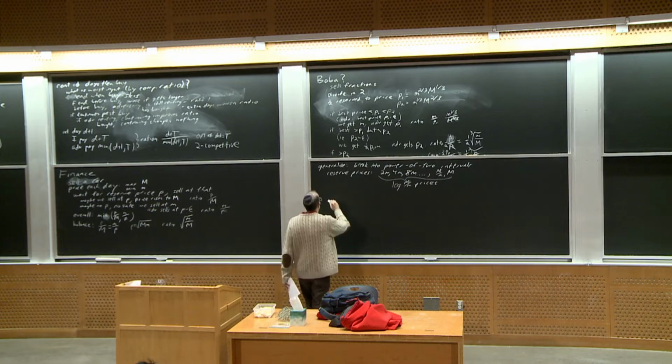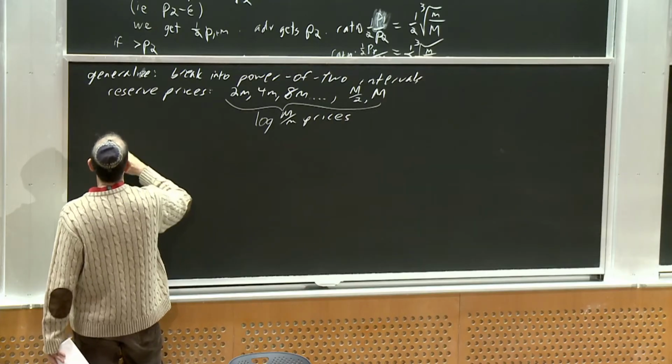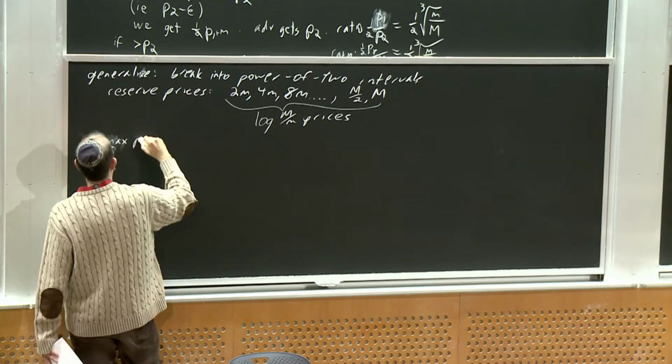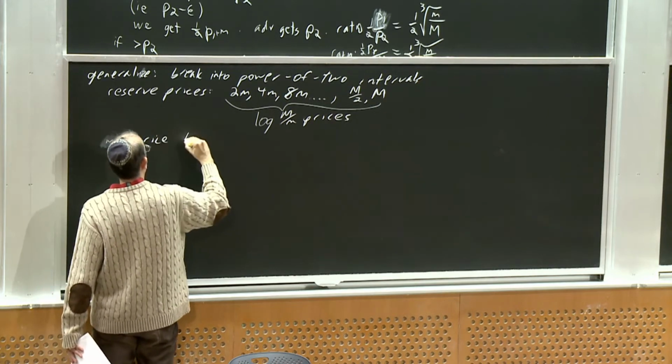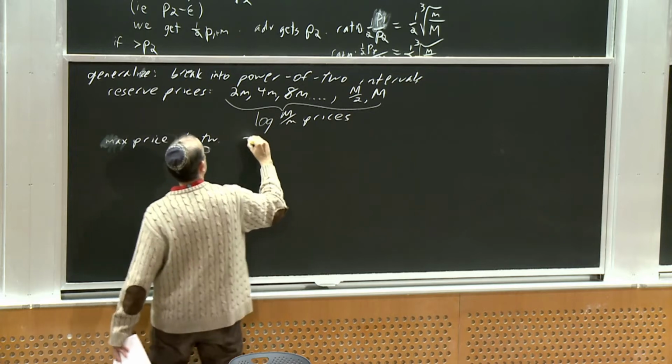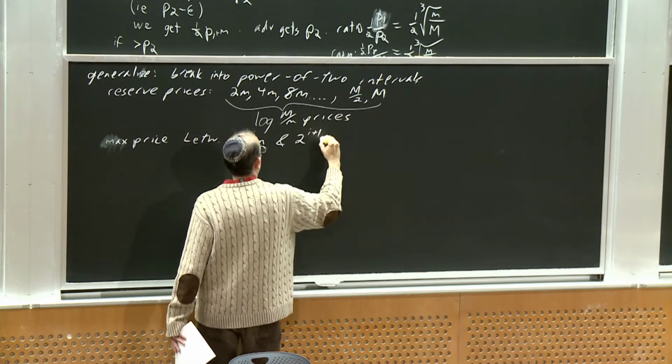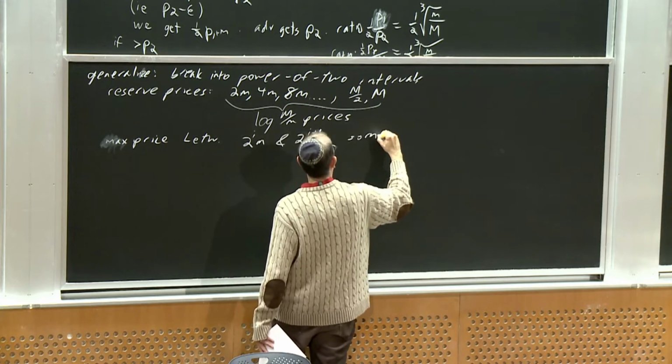And the optimum price, the max price, will be between some 2 to the I times little m and 2 to the I plus 1 times little m for some I.